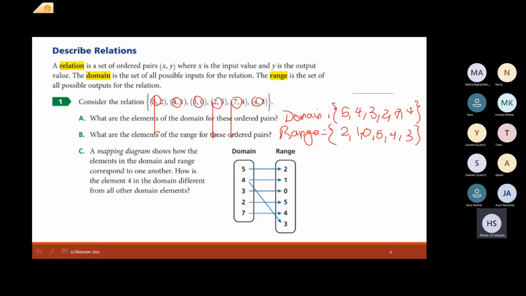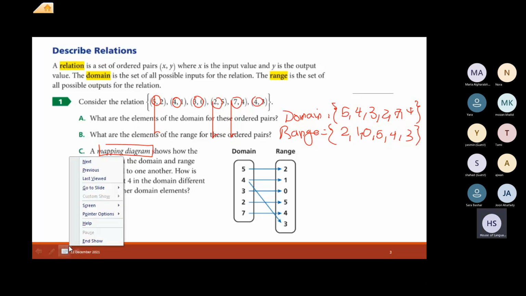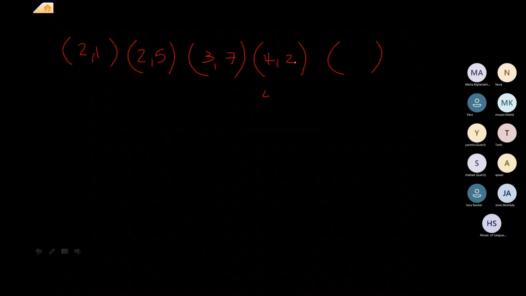Okay. Now let's see how I will draw the mapping diagram. What do I mean by mapping diagram? I take these pairs of numbers. Where's the domain? 2, 3, 4, 1.